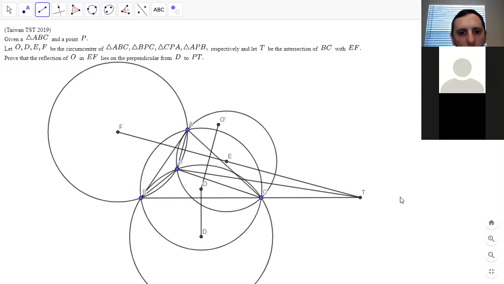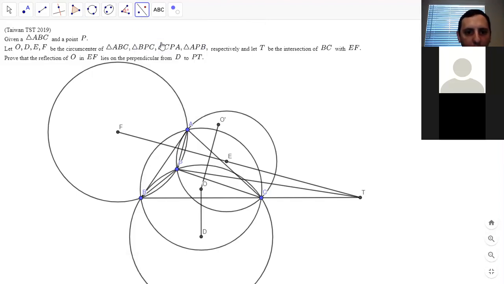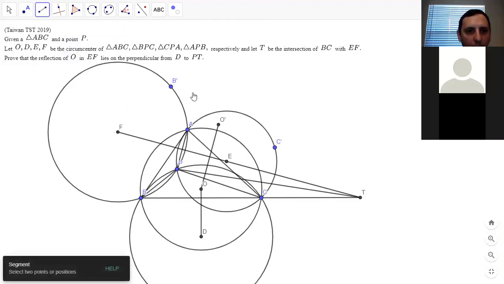Can you label the reflections of BC with respect to line EF? Yeah. And they pass through T, right? B prime, C prime.